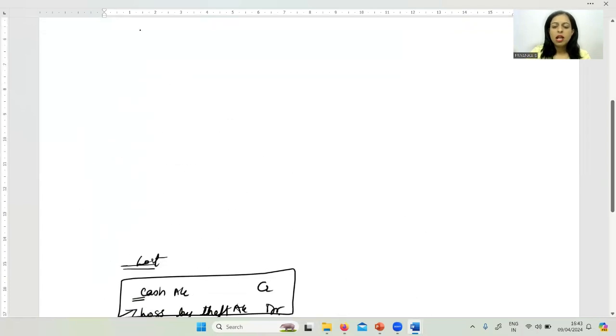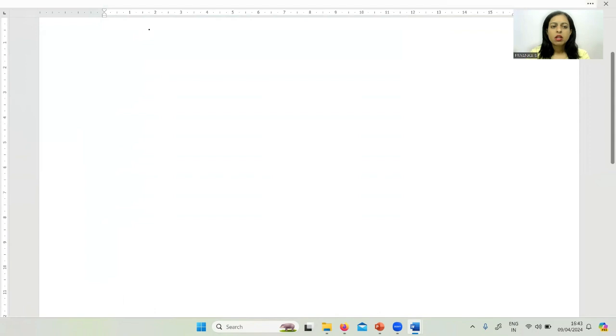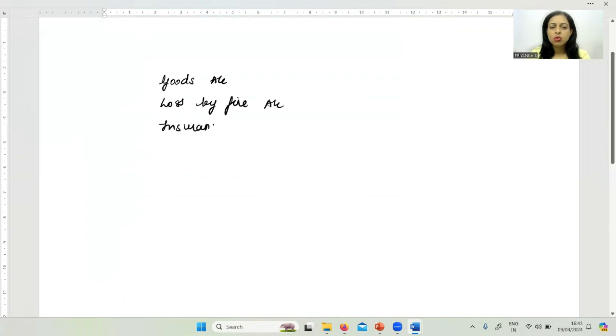Now, the first part of this transaction that has happened is goods are lost by fire. So goods account, goods are lost. Second is, what is the loss that is happening? Loss by fire. So this will be another account, loss by fire. And third is the insurance company account, because this amount is receivable from them.